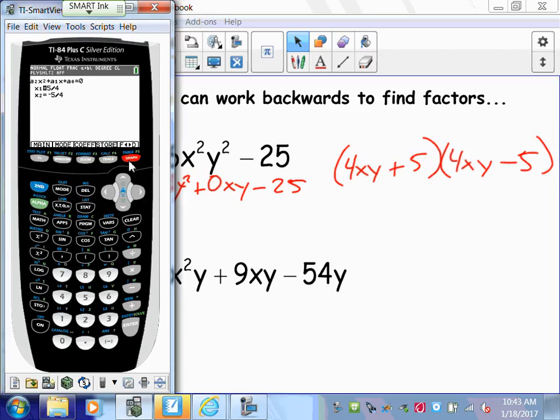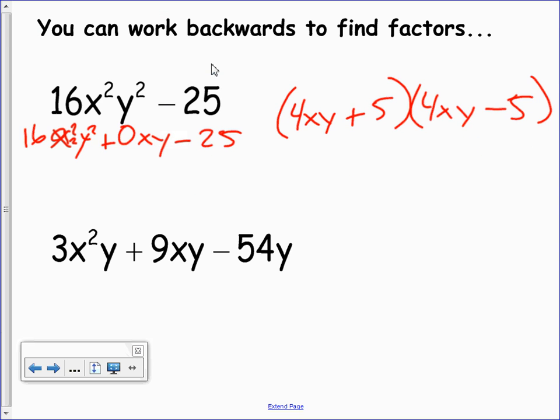Alright, here we go. One caveat though, when doing this, there is a GCF. The polysolver does not take the GCF out first. You have to take it out first. What is the GCF? 3y. So make sure you factor out the GCF first, because the polysolver will not do that.